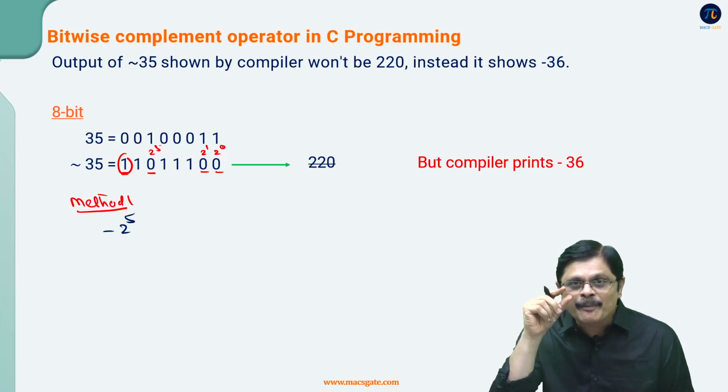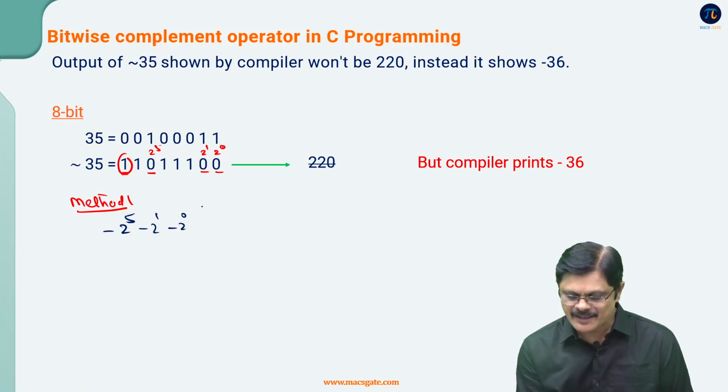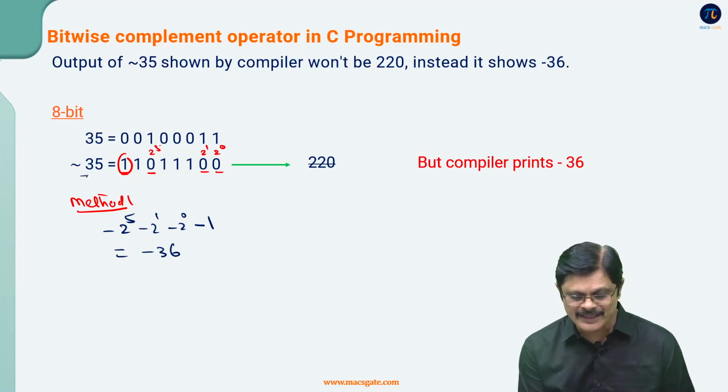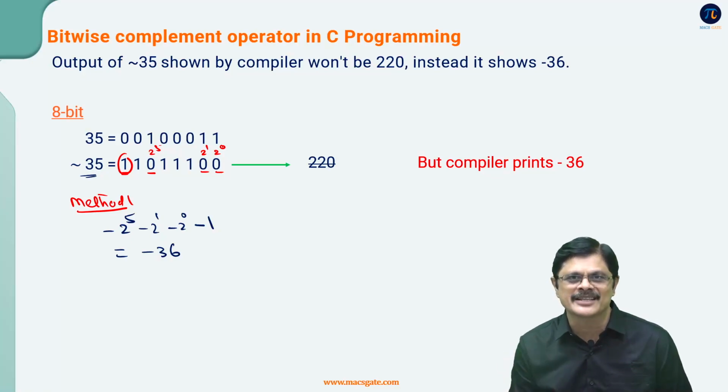The corresponding powers of 2 where you are getting zeros, 2 power 5 with a minus sign, 2 power 1 with a minus sign, 2 power 0 with a minus sign. After that you subtract with one more 1, minus 1, that is your answer. So, the simplified answer is minus 36. This is method 1. To get this answer, assuming it as a signed representation, the corresponding answer is minus 36.